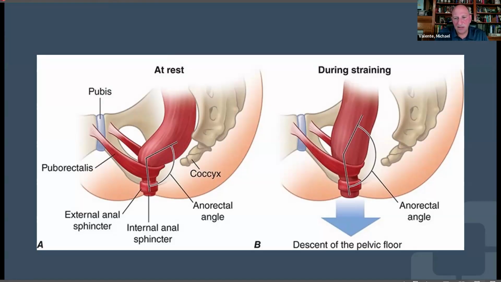If you have a dysfunctional pelvic floor, or dyssynergia or paradoxical contraction of the puborectalis, when you strain or have the urge to defecate, instead of the anorectal angle opening up, becoming less acute, it's going to actually get tighter. So you're trying to defecate against a closed angle, essentially an obstructive defecation syndrome.